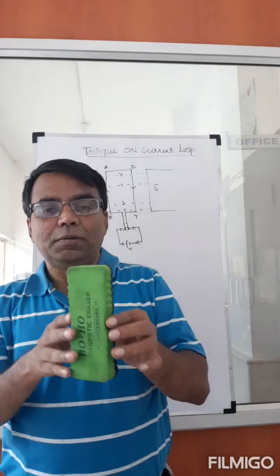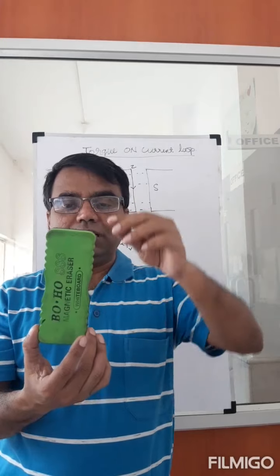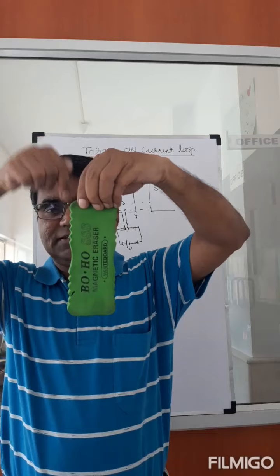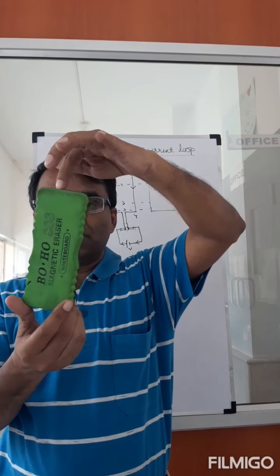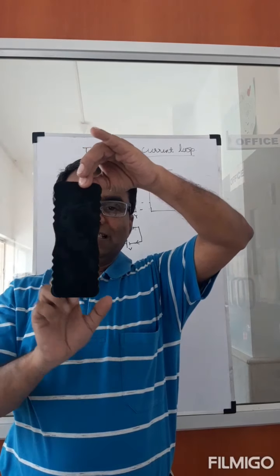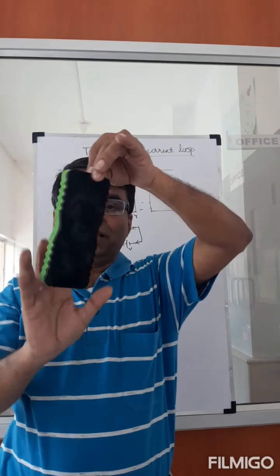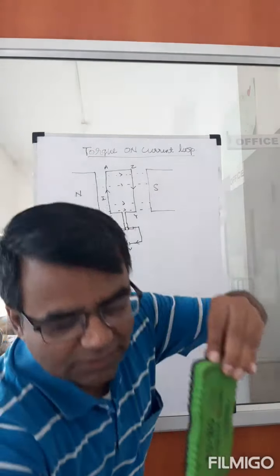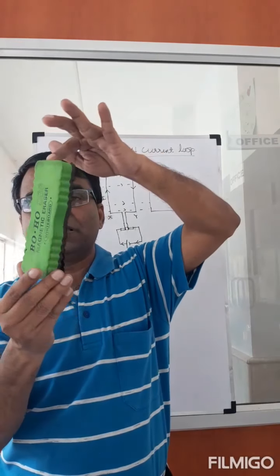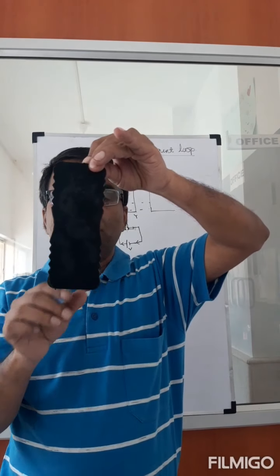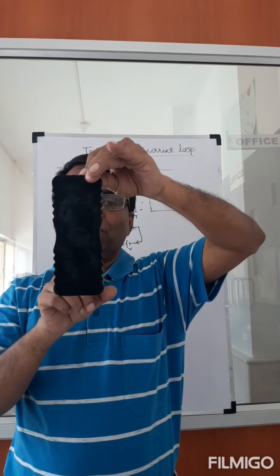But what will happen if you keep it like this, with the current direction the same? This part is going up and this part is going down. As it comes to this side, the current in this part is still going up, and this one is going down. Now let's see what is going to happen.